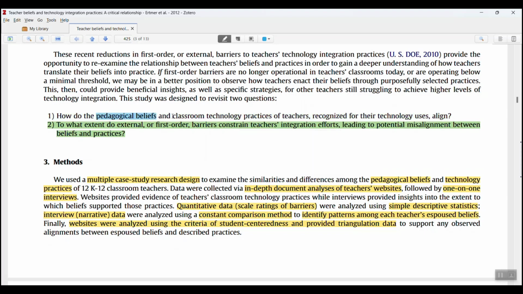There are two research questions. The first research question is, how do these two beliefs align? The second question is, how do external barriers constrain the teacher's integration efforts, resulting in misalignment between the two beliefs?